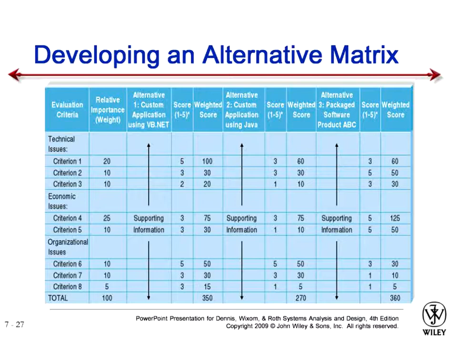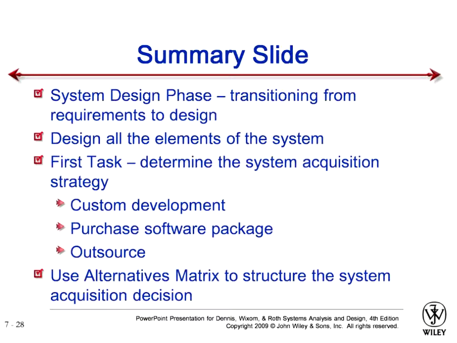The second alternative, custom development using Java. Third alternative, packaged software, product ABC. You could keep all three alternatives over here and give them certain weights, calculate their weightage, give them a certain score, calculate their weightages, and then write them in this way.